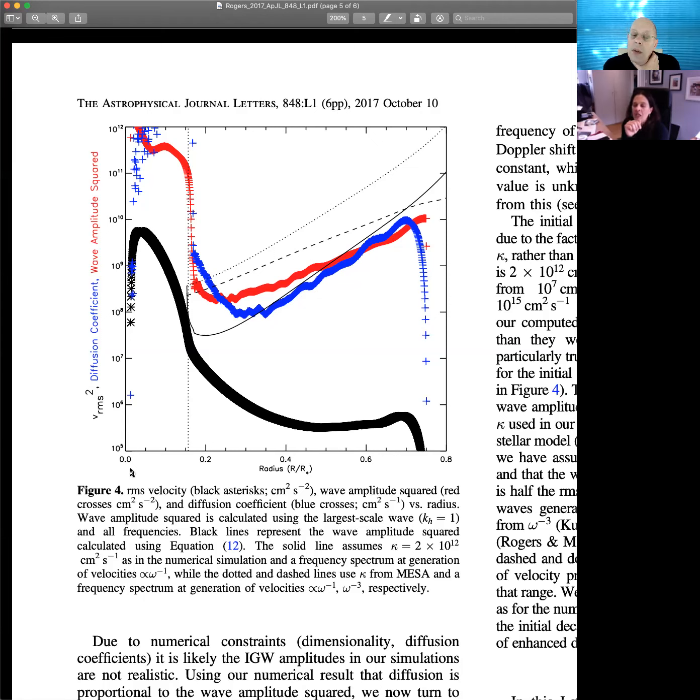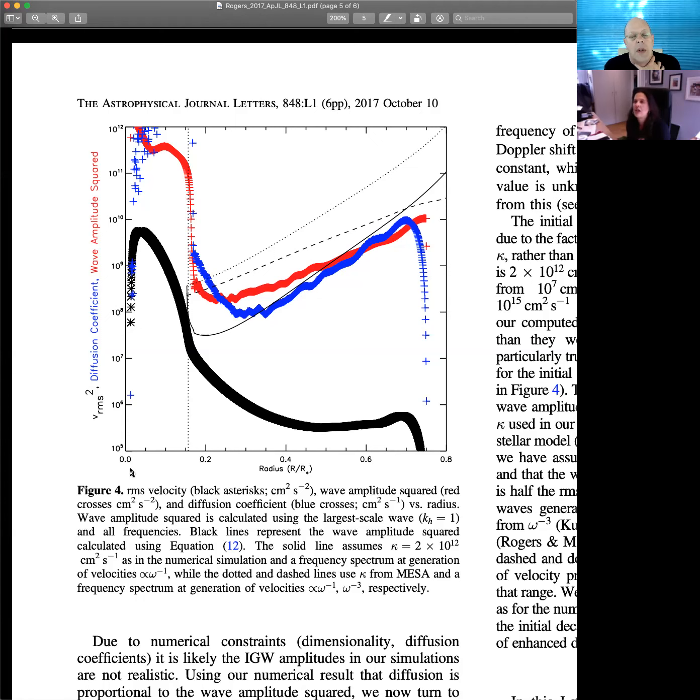Sure. And those lines there are to do with a theoretical prediction of the wave amplitude if you summed over some set of frequencies, etc. That would be the black lines? The black lines, yeah. The wave amplitude will depend on what thermal diffusion you set.